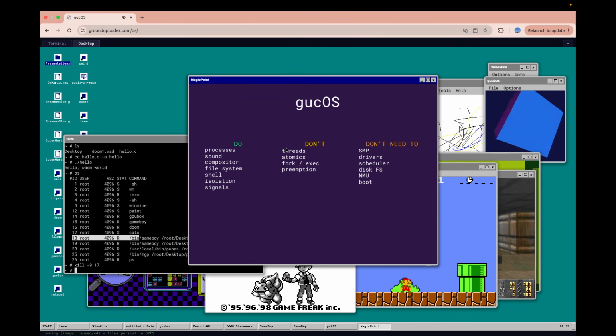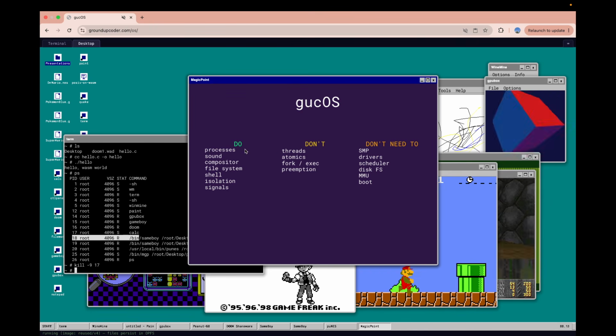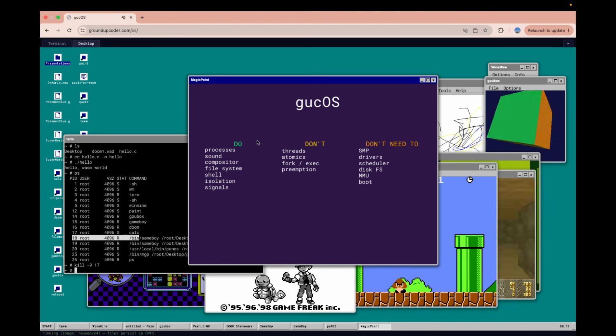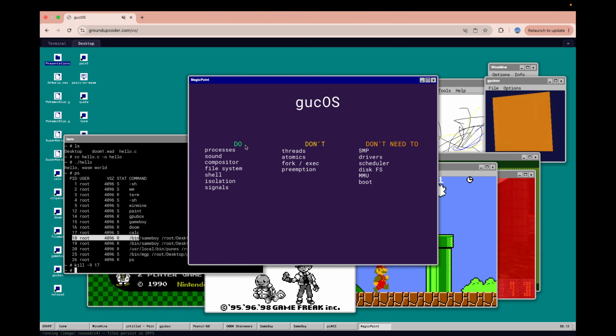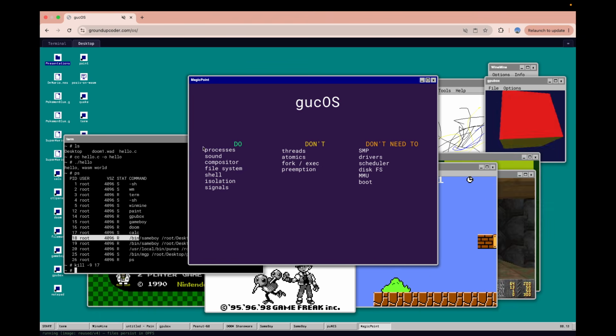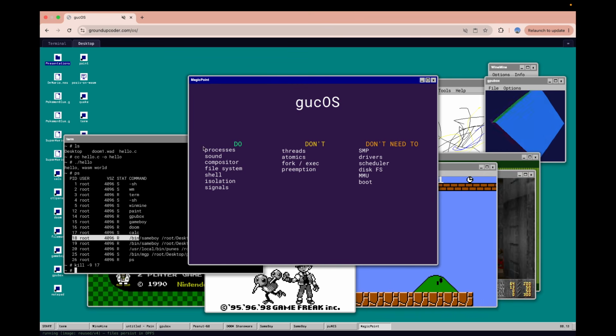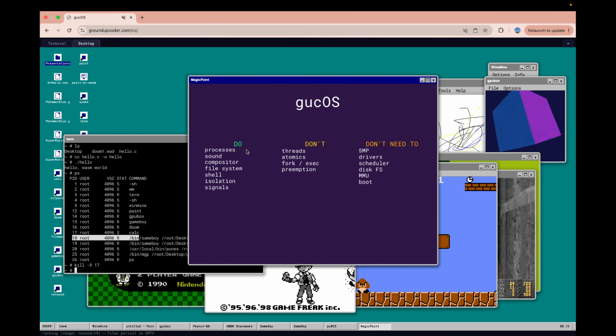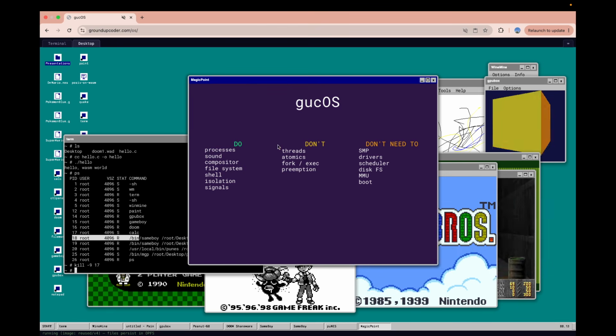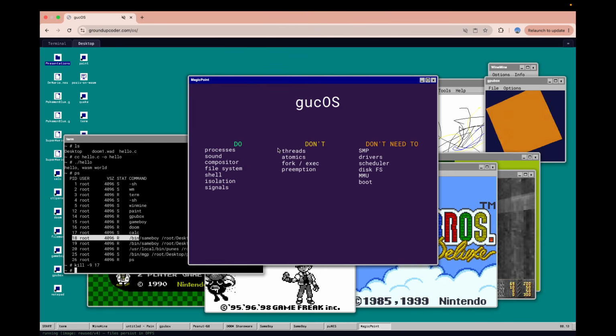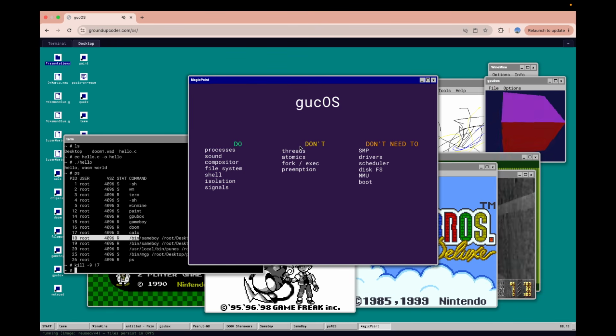Well, it's kind of tied to threads too. It handles processes. There's a kernel that keeps track of a table of processes and the resources attached to them. But right now, I do not implement threads.